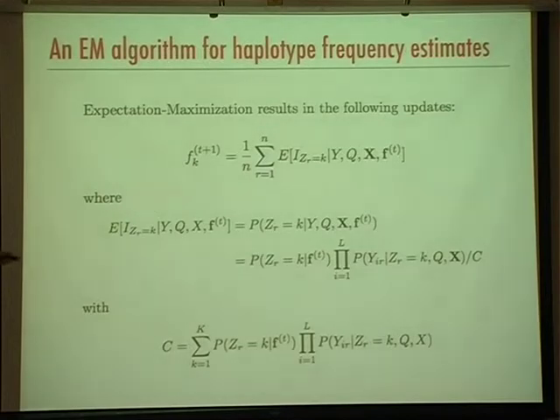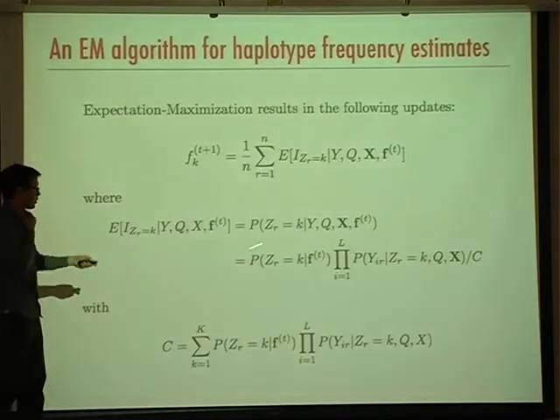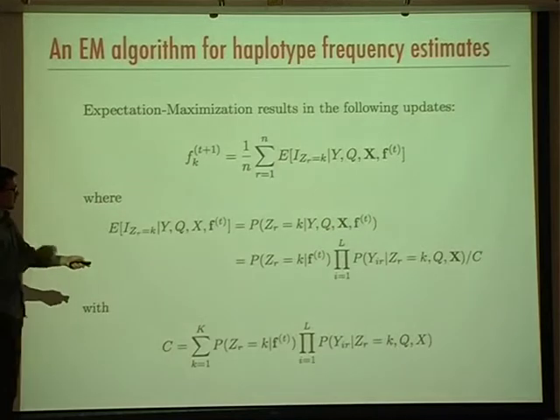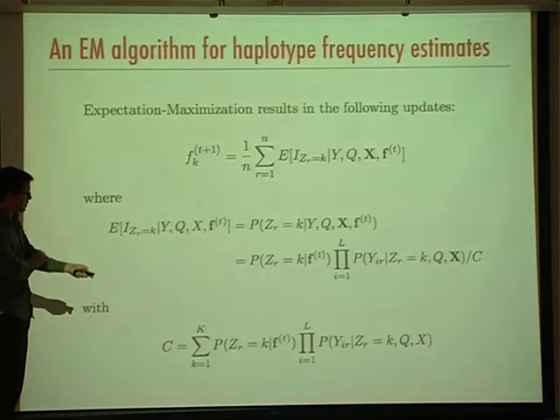Let's look at it. An expectation of an indicator variable is just the probability of that variable taking on a set of values. So this is the probability that the rth read is from the kth haplotype, given all the other information in the model. And that breaks up in this way, and this is really where we want to focus. There's a denominator here that's not very important.